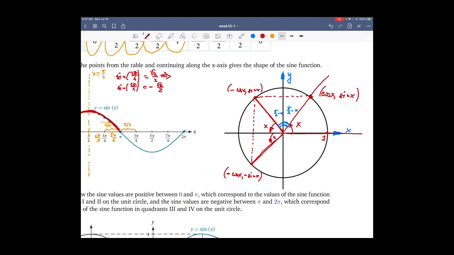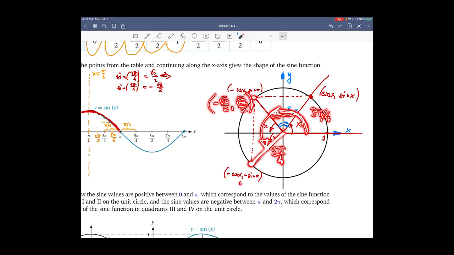For instance, if I imagine that this angle here is 3 pi over 4, the angle 5 pi over 4 will result in a point whose coordinates will be, if this is 3 pi over 4, coordinates negative root 2 over 2, root 2 over 2.